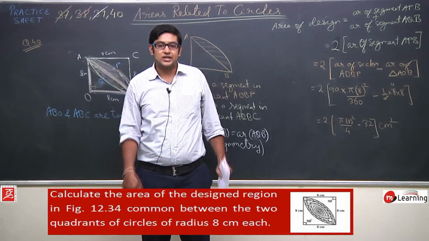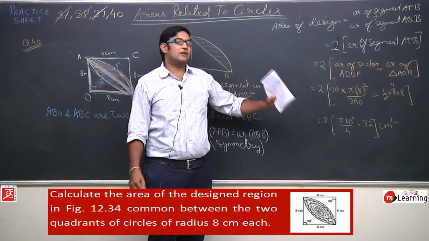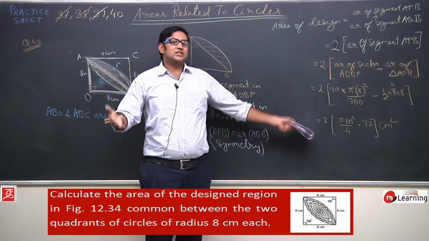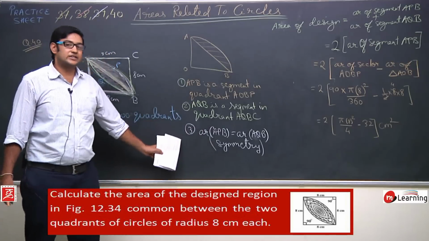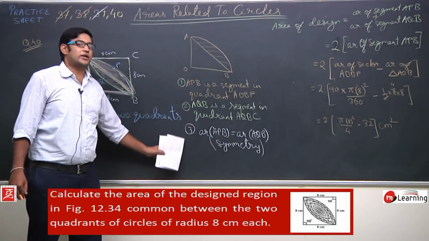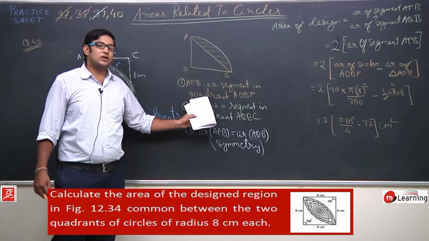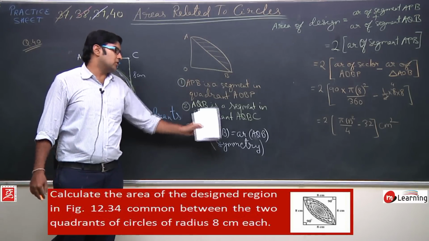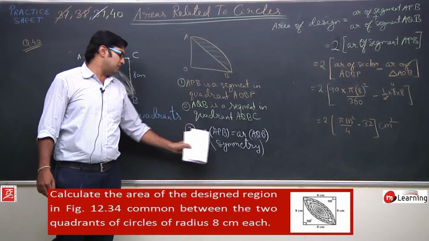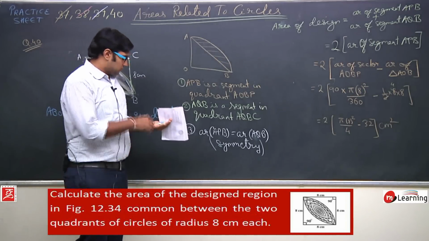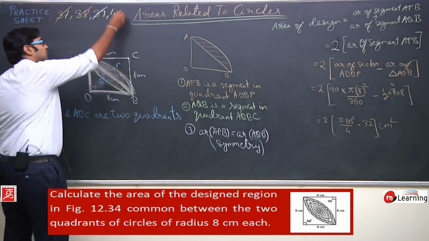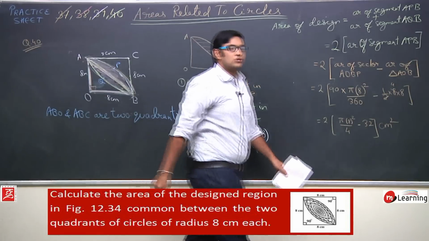It's very lengthy. So we have optimized our calculation, but the thinking level is increased. You need to understand these 3 points: APB is a segment of AOBP, AQB is also a segment of AQBC, and APB is equal to AQB. So this is the solution for question number 40. You can note this.